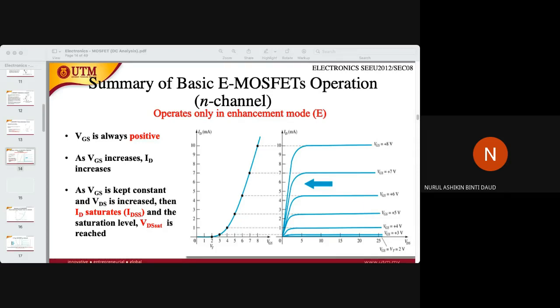It will not change whether the MOSFET is turned on, at the saturation point, or in the ohmic region. So K is always constant. You can find K using any value of VGS here. So K is equal to ID divided by (VGS minus VT) squared; you just rearrange this formula to find K. Sometimes in questions K is given, so you don't have to find K anymore.